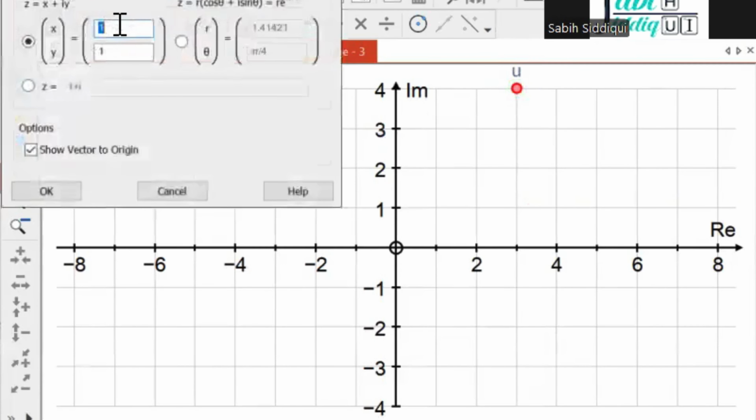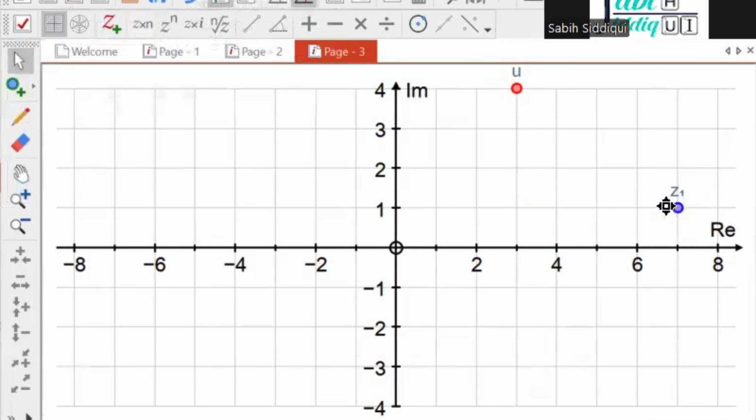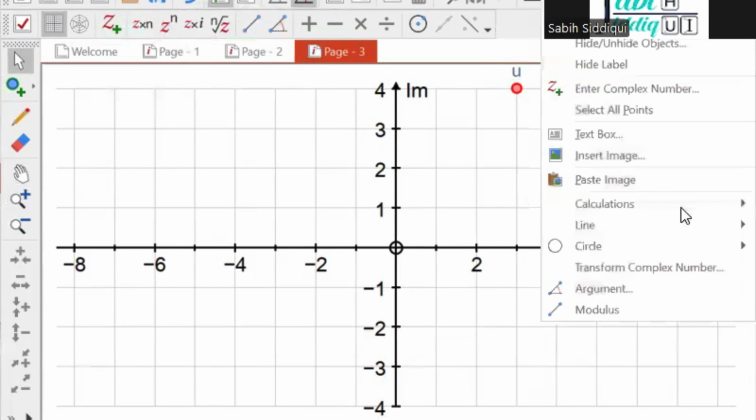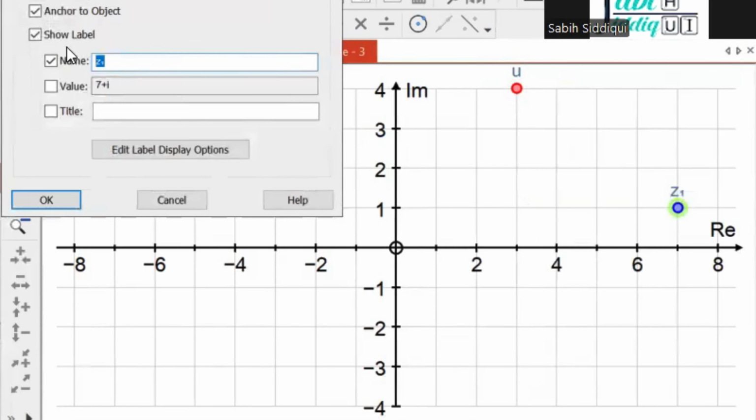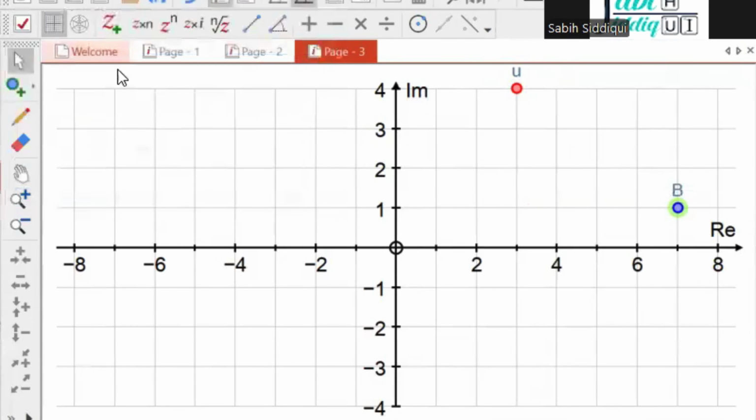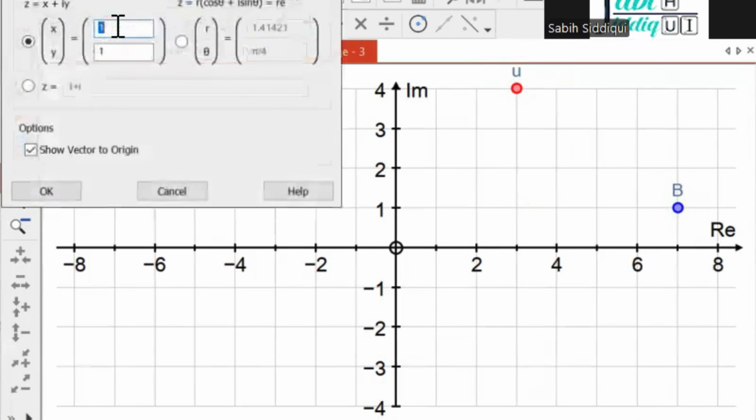And what is 7 plus iota? 7 plus iota. This is B, right? And C is 1 minus iota. 1 minus iota.